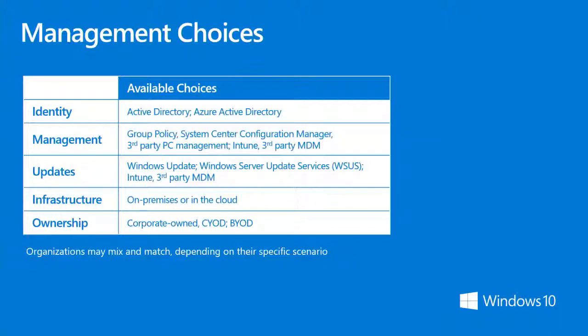By linking that together with your existing Active Directory environment, you can have this cloud-based identity provider and your on-prem Active Directory working together to provide identity services. For management, we've had Group Policy, System Center Configuration Manager, and tools like that for a long time. Now we want to add in MDM, whether it's Intune or third party. We'll provide the capabilities in the operating system to allow it to be managed via MDM.